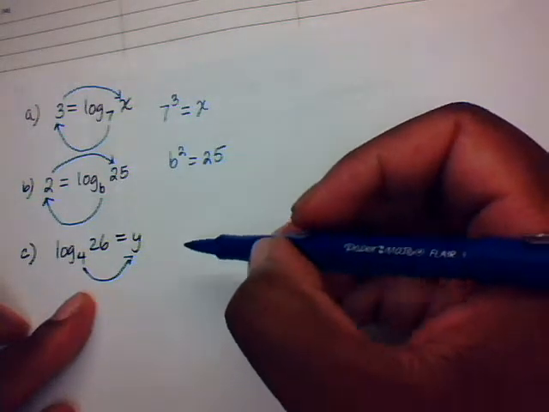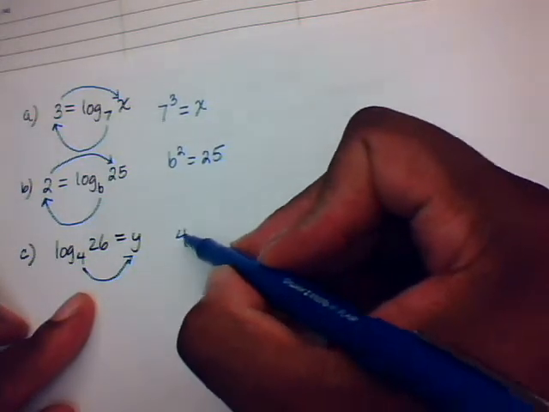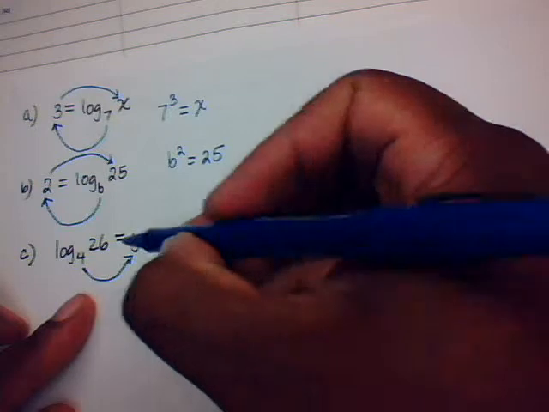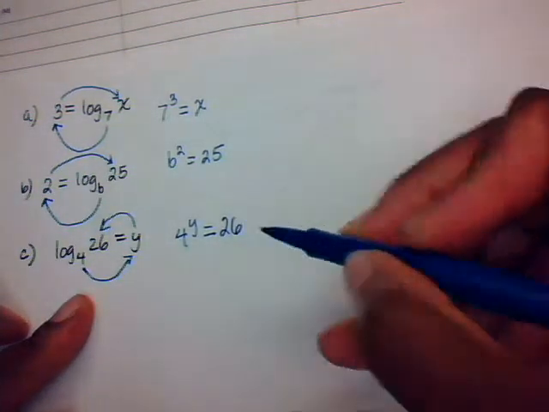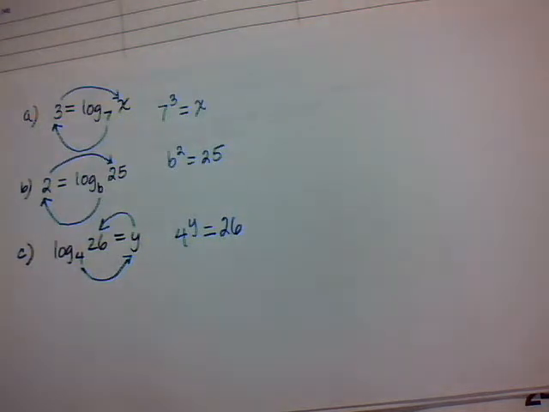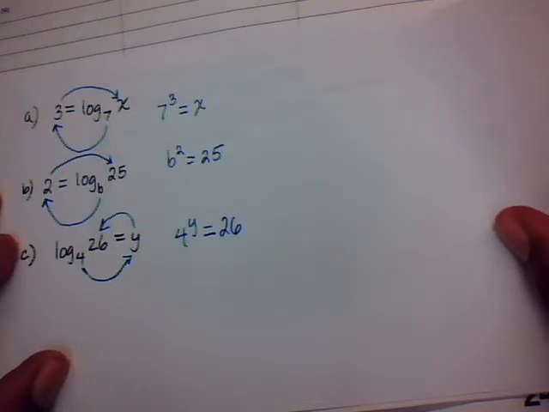That y is going to be your exponent for 4. So it'll be 4 to the power of y, and that's going to be equal to 26. So that's how you'll convert a logarithmic equation into an equation in its equivalent exponential form.